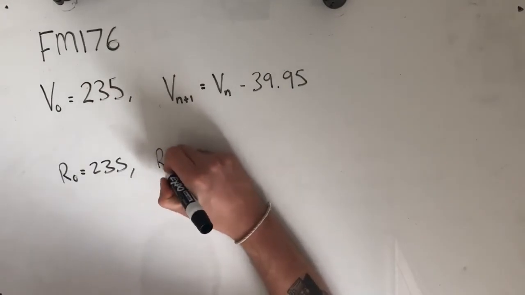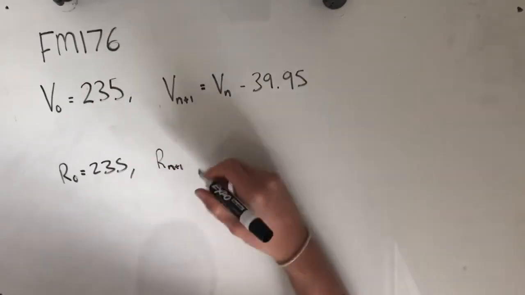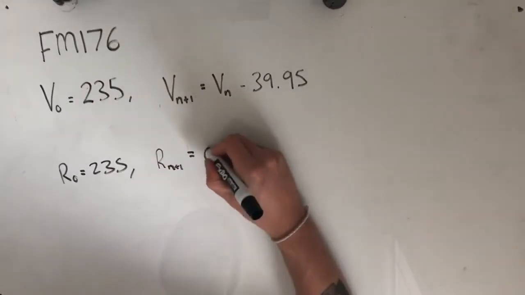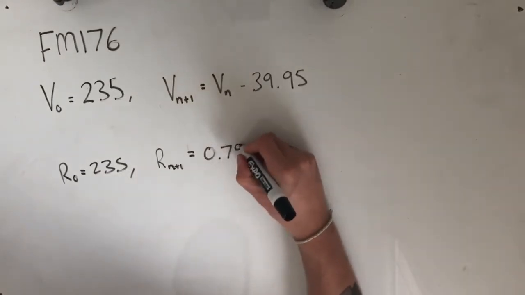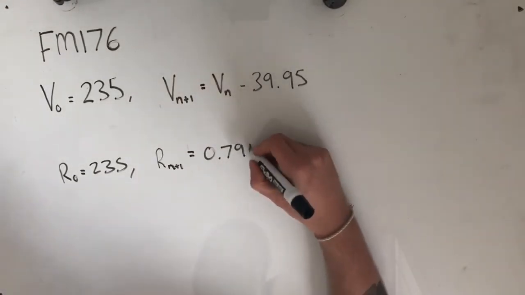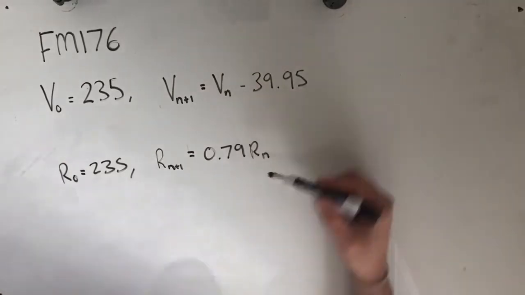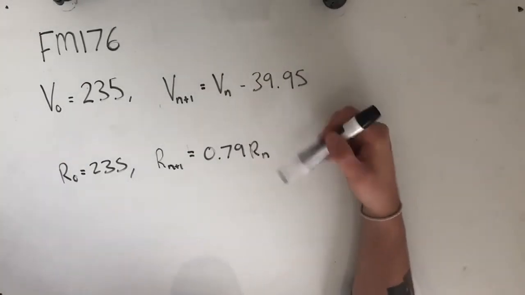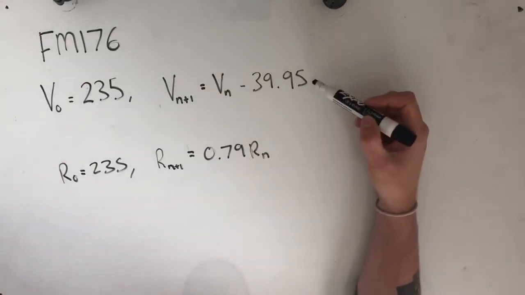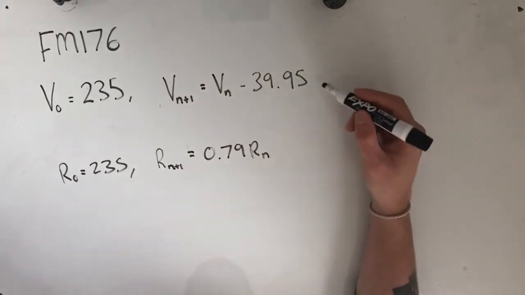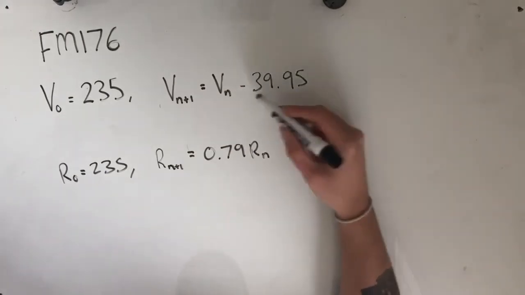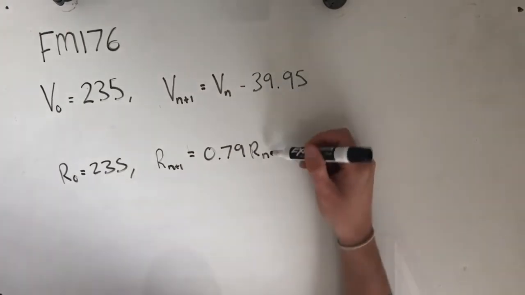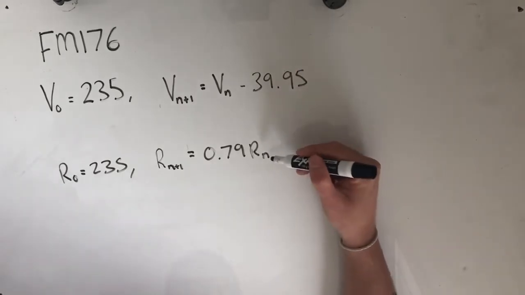However, now we're given a geometric recurrence relation of Rn plus 1 equals 0.79 Rn. So the immediate difference we're going to see between these two recurrence relations is this is going down by a consistent amount each year, so $39.95, whereas this will be going down at a certain rate.